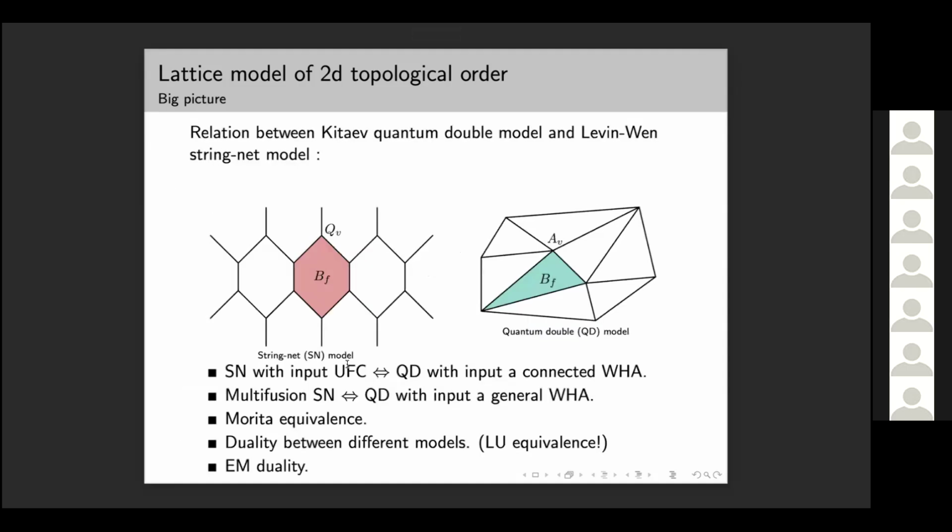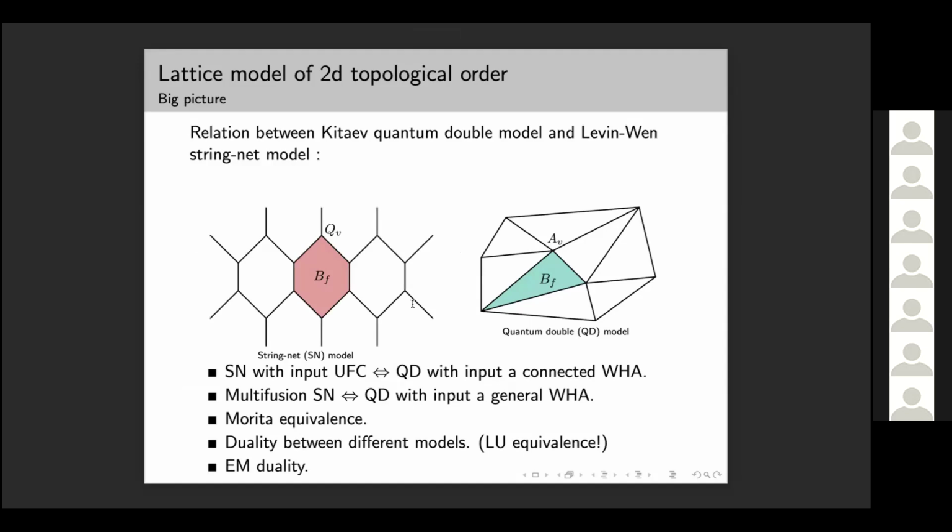There are two typical models for the 2D topological phase. The first one is the string model, which I will explain later in this talk, and the second one is the quantum double model. For a finite group, these two models are connected by a Fourier transformation, which means that we can map one to the other.